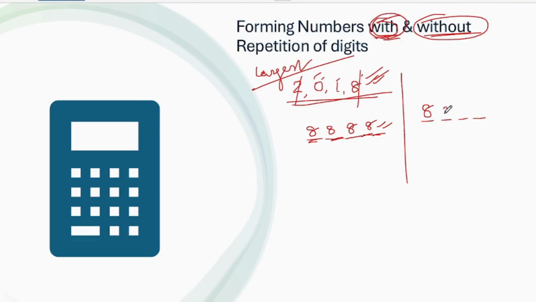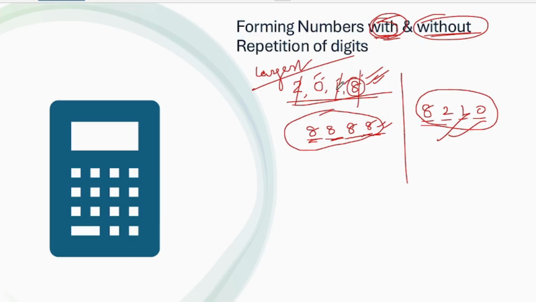Then we will use 1, and then 0. So here, repetition is not allowed, and the largest 4-digit number will be 8210. When repetition is allowed, you can use the largest digit as many times as you want, and you will get the largest 4-digit number.